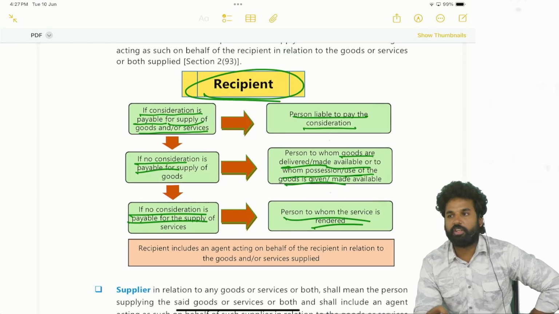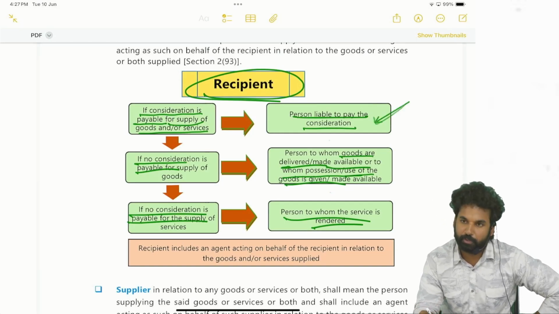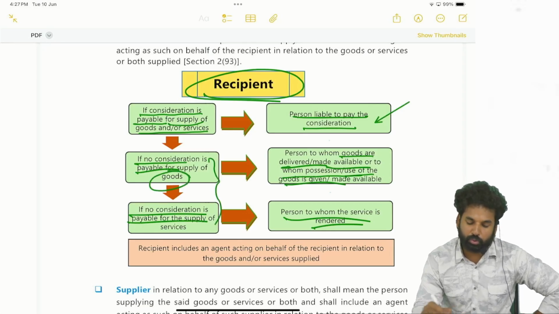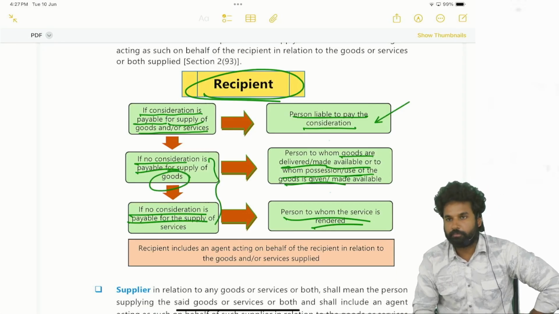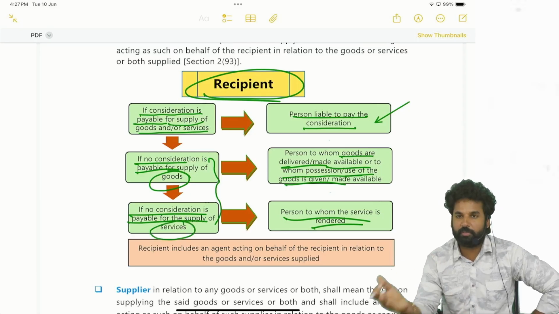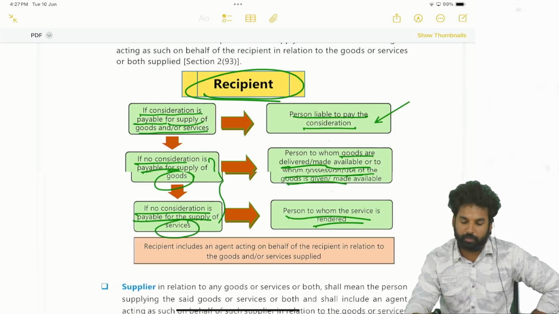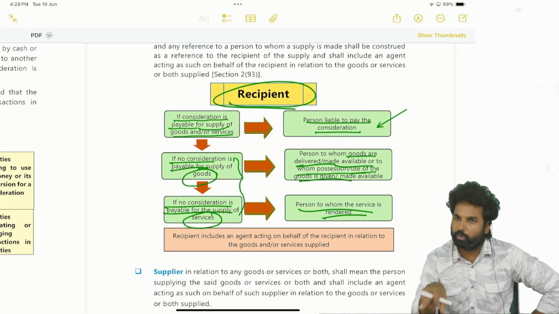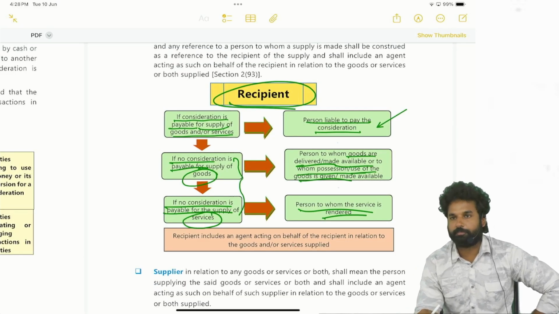Recipient includes agent of the recipient. Supplier includes agent of the supplier.